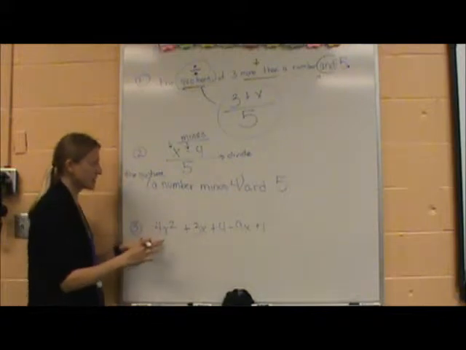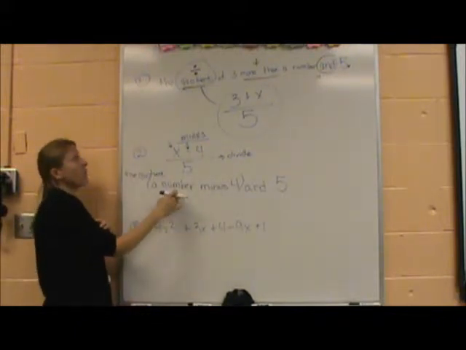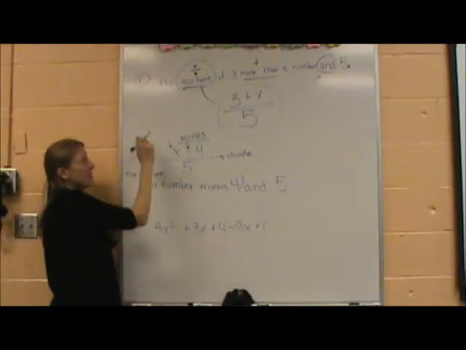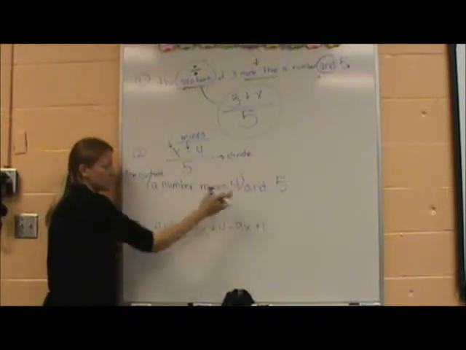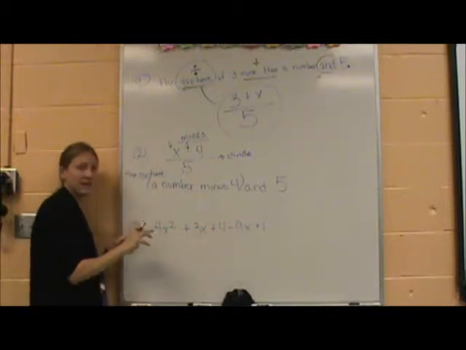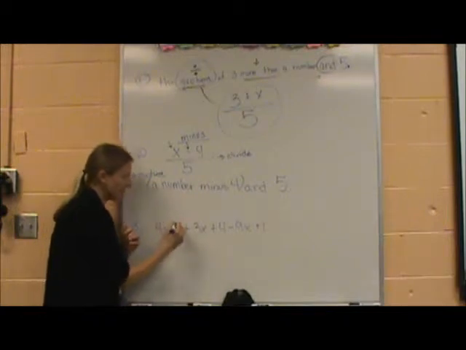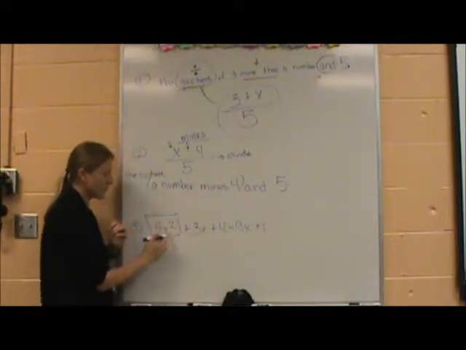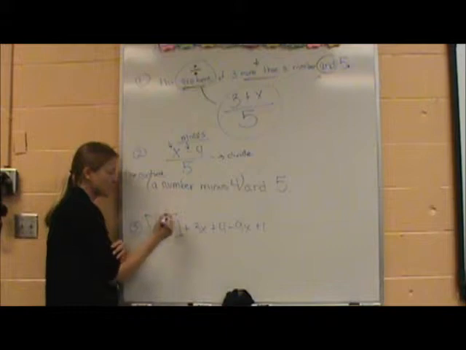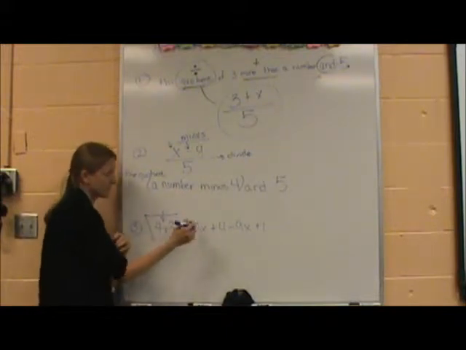All right, let's go on to number 3. The number 3, we're not going to be translating or changing it to words. We're going to be combining like terms in it. So when we combine like terms, we want to combine things that are alike. If we look here, we have an x squared, and we're only looking at the coefficient. We want to look at the value of x.